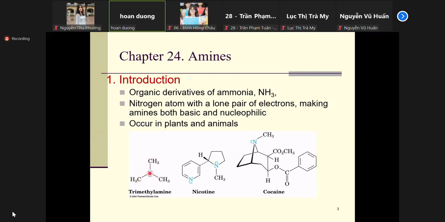And bonded with the nitrogen, that's what we call trimethylamine. So with that, you can get a lot of things about amine. Actually, it could come from ammonia when they do substitution of 1 or 2 or 3 hydrogens from ammonia, and then you get amines. All right, that's simple, huh?